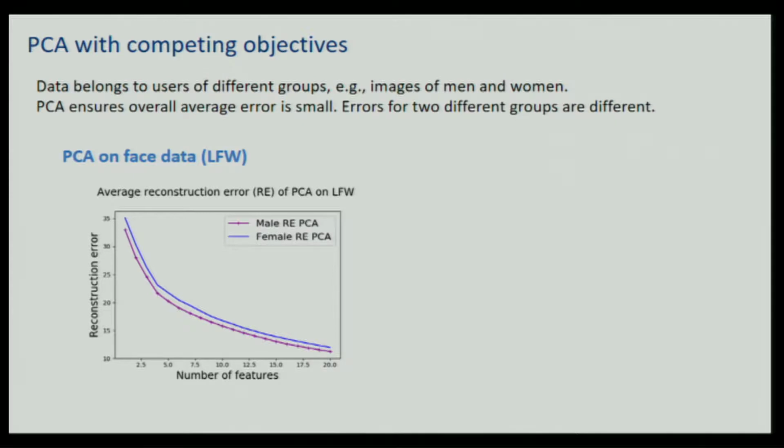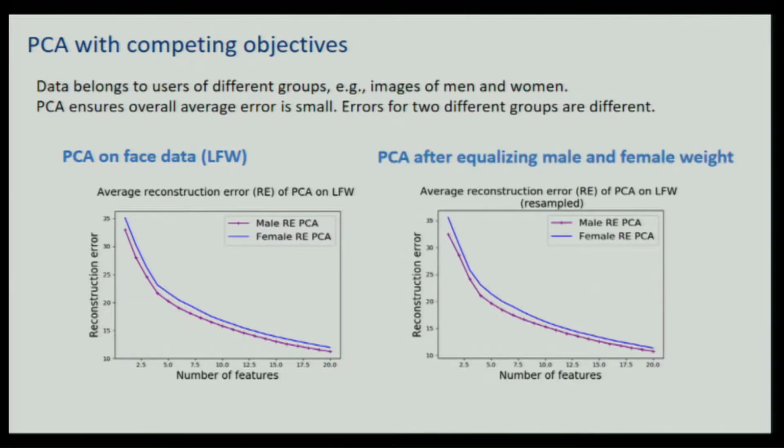So, for example, these are experiments in the first paper here with the co-authors. This is on this data set called Labeled Faces in the Wild. It's a huge data set that's used for image classification as a benchmark. And so if you look at the PCA on this, as you increase the PCA dimension, the error for males and females is consistently different, with the females having consistently higher error for whatever PCA subspace dimension you choose.